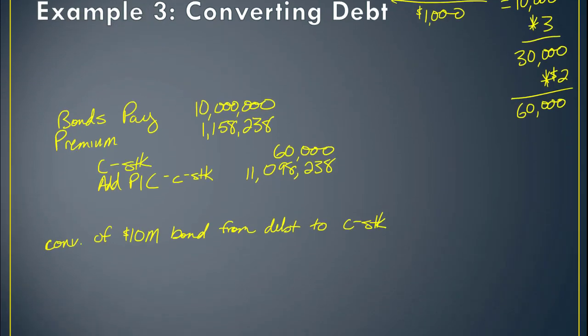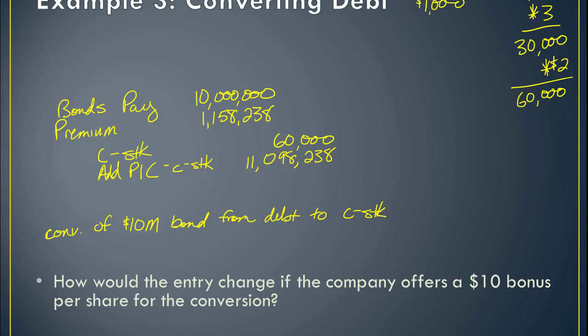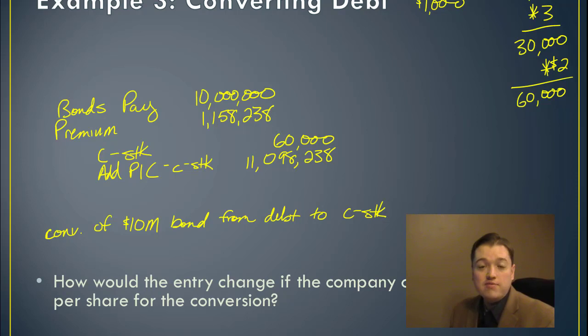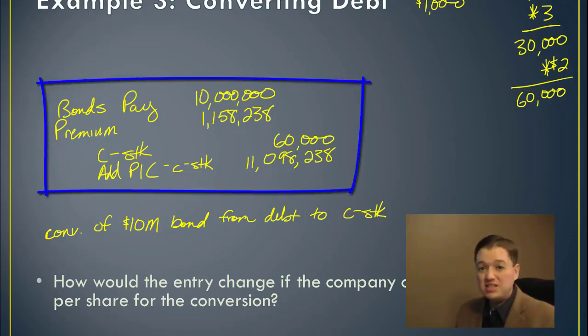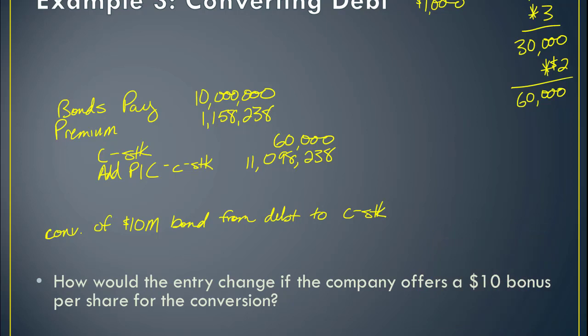So let's change this journal entry and this calculation, assuming that to get everybody to convert, the company had to offer a $10 bonus for each share of stock. The good news is we don't have to change anything we've done up to this point if we offer a conversion incentive. So what we do with the bonds payable and the premium account stays the same. What goes into common stock and additional paid in capital, all that stays the same. All we have to do is add the incentive.